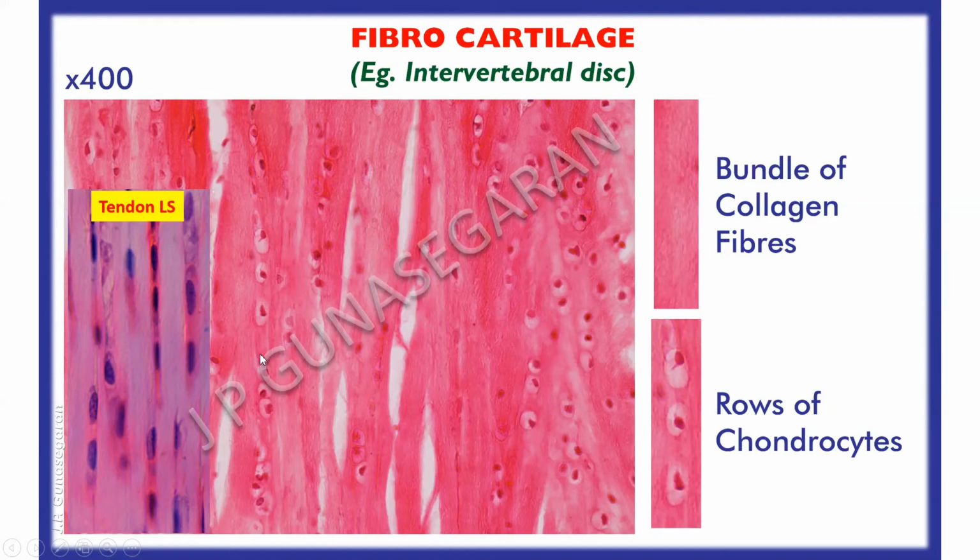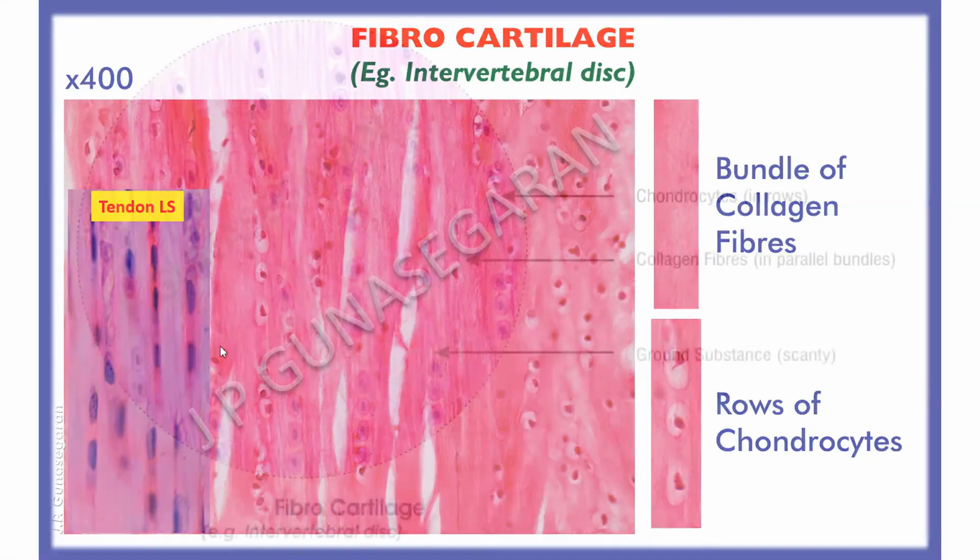The only difference is here the cells are chondrocytes found in lacunae. Here the cells are fibrocytes or tendon cells not found in lacunae. So keep this in mind to avoid making mistakes in identifying the slide.